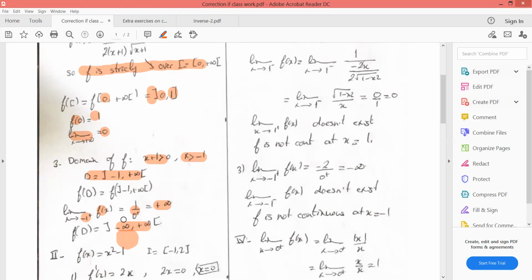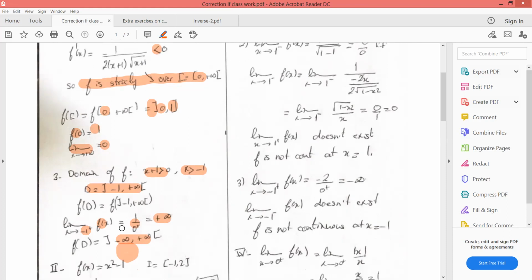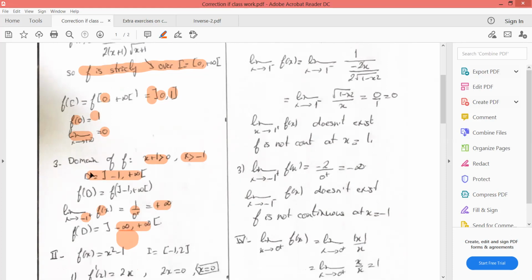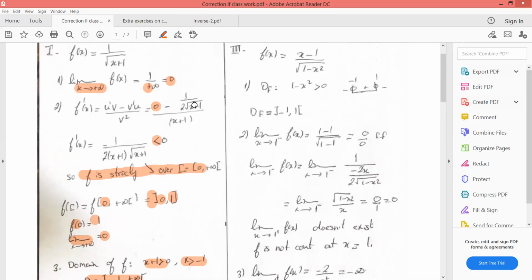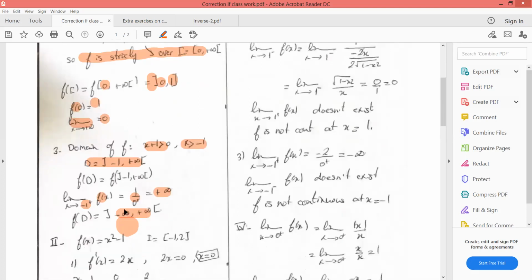Again, the domain of the function is minus 1, plus infinity. We find the value at minus 1, or the limit of the function at minus 1, which is plus infinity. At plus infinity we found the limit 0. Which one is the smallest? 0. So 0 is opened and plus infinity opened. This is not minus infinity, this is 0.